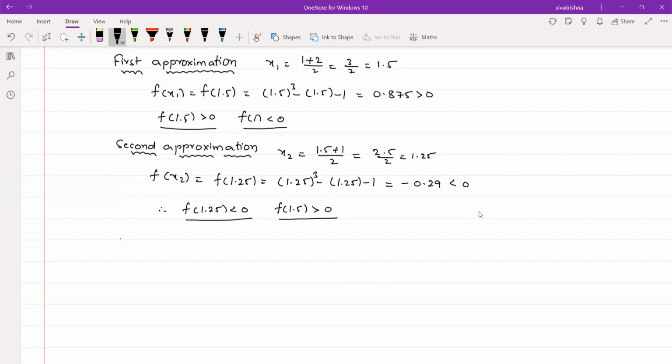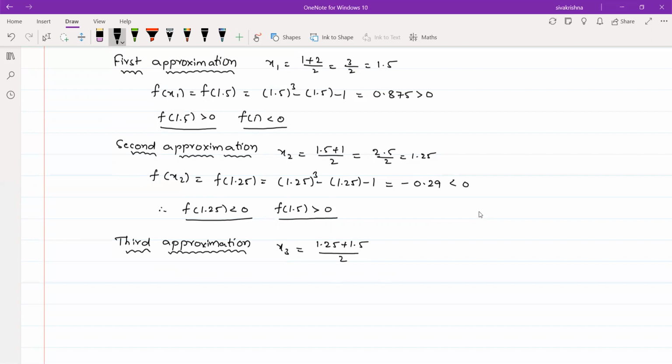Now we can find the third approximation. The third approximation is nothing but x3, and that is the average of the two numbers 1.25 and 1.5. So I am writing 1.25 plus 1.5 by 2.